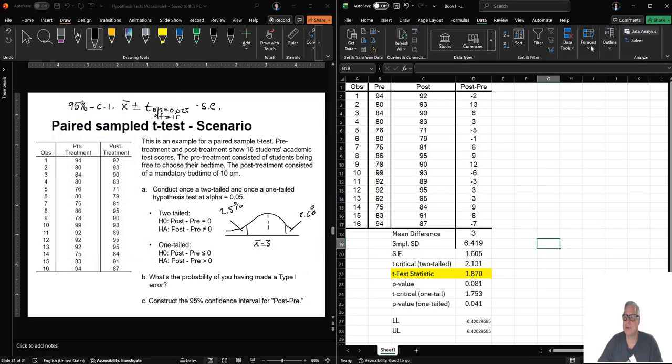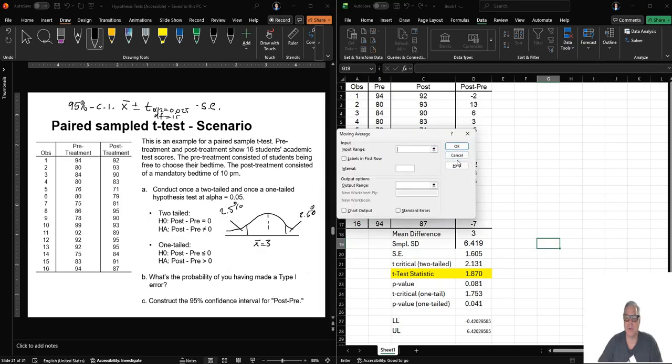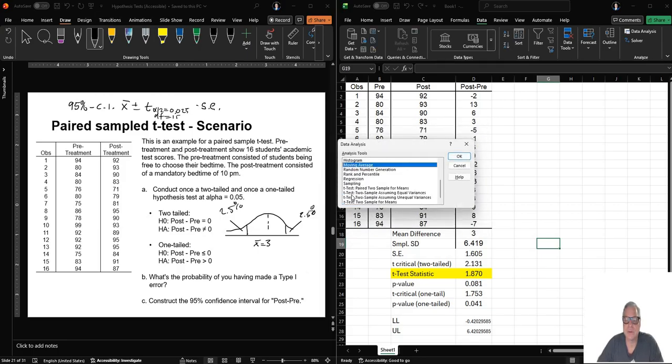Okay, so we go to data analysis, and now you see there is a t-test paired sample for means. Okay, and then it's pretty straightforward. So this is the one that we want, a paired t-test.